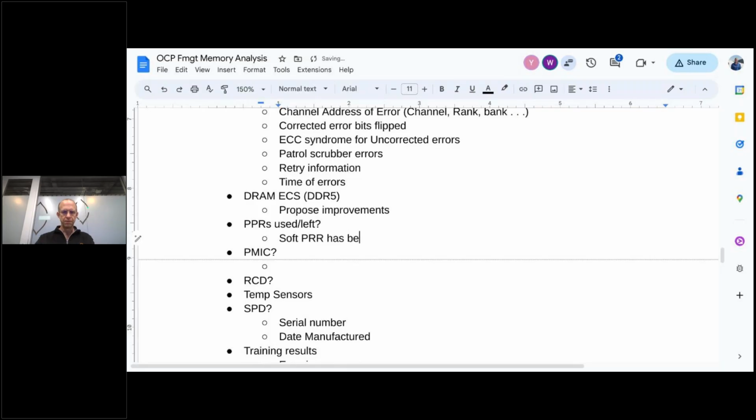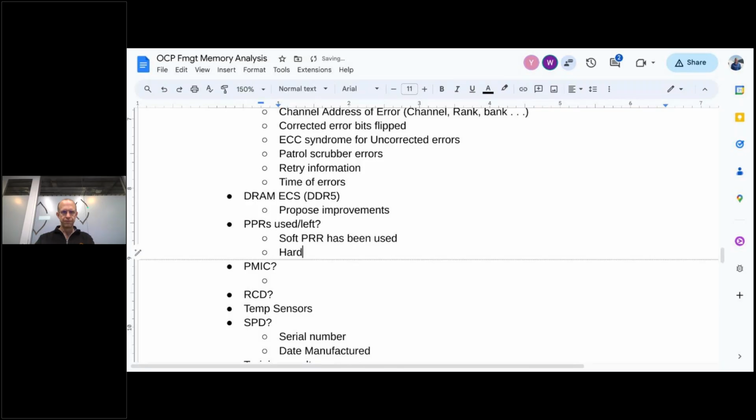The question for the hard PPR: you may have more than one slot per bank, but hard PPR will require you to reboot the system. From a cloud vendor perspective, is that still useful, or what will be the use case for a hard PPR? That means you do need a system reboot to take advantage of that, right?